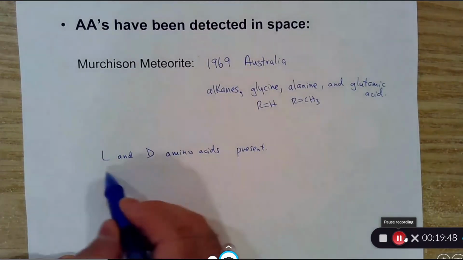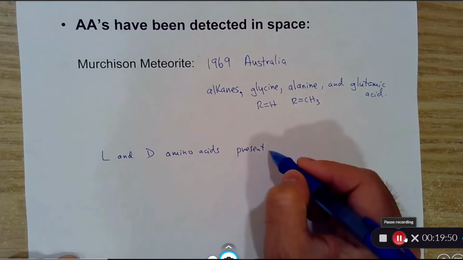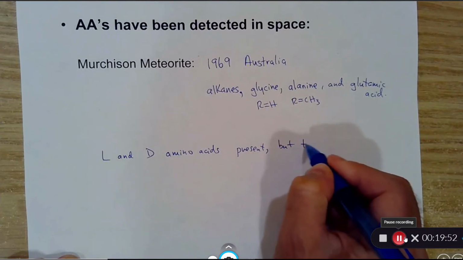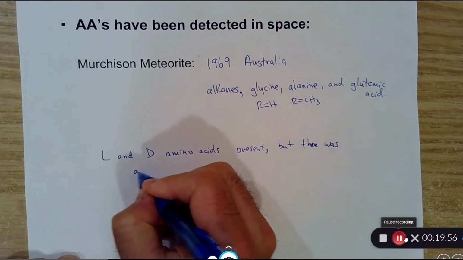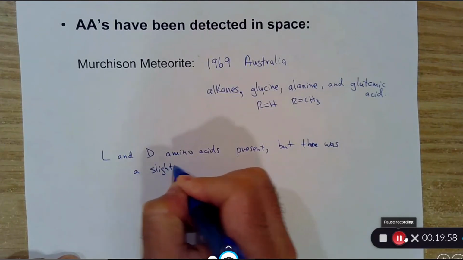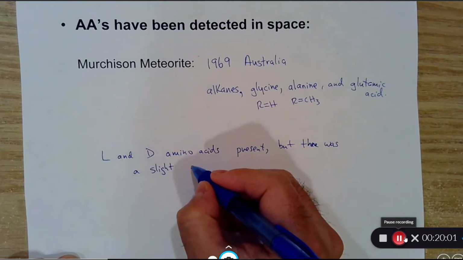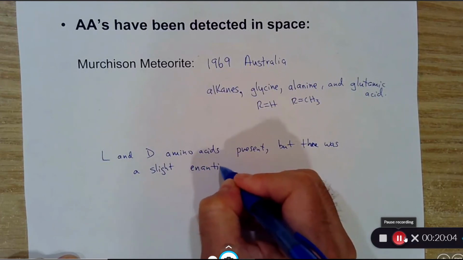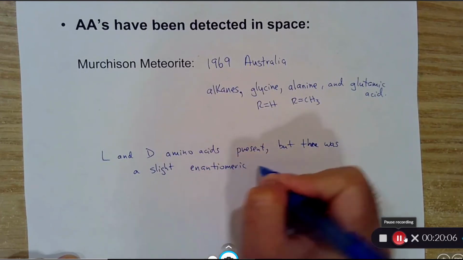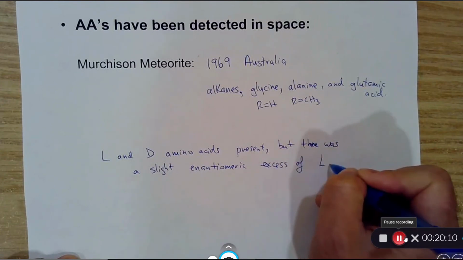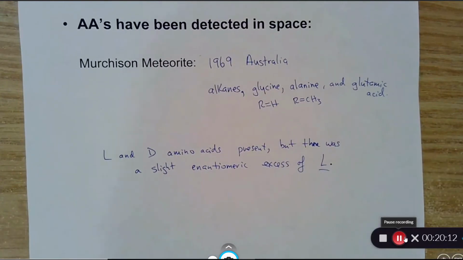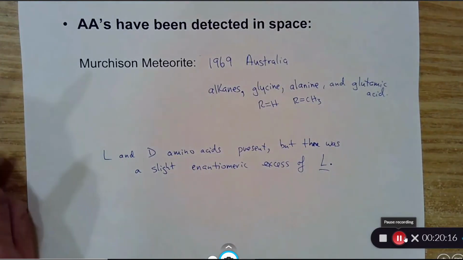But on the meteorite, yes, L and D amino acids were present, but there was a slight enantiomeric excess of L. And I want us to think about that a little bit, because why is that? Why do we live in a world full of L amino acids? Okay, that's it for this session.